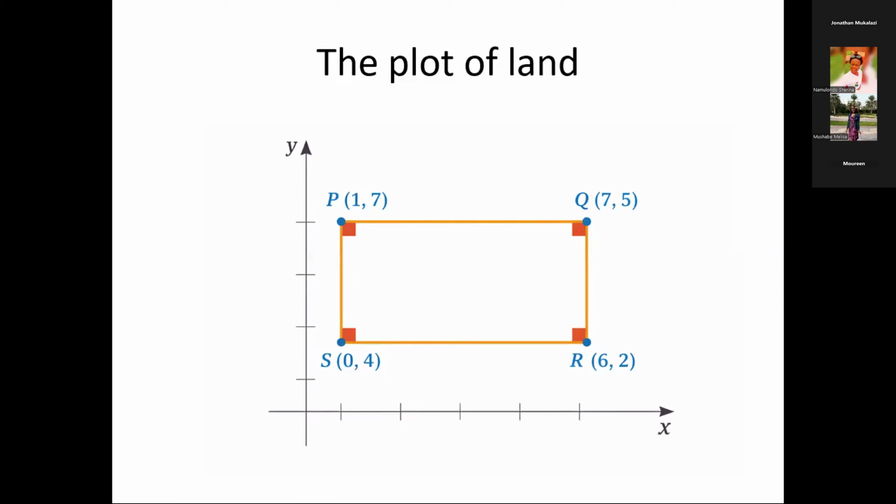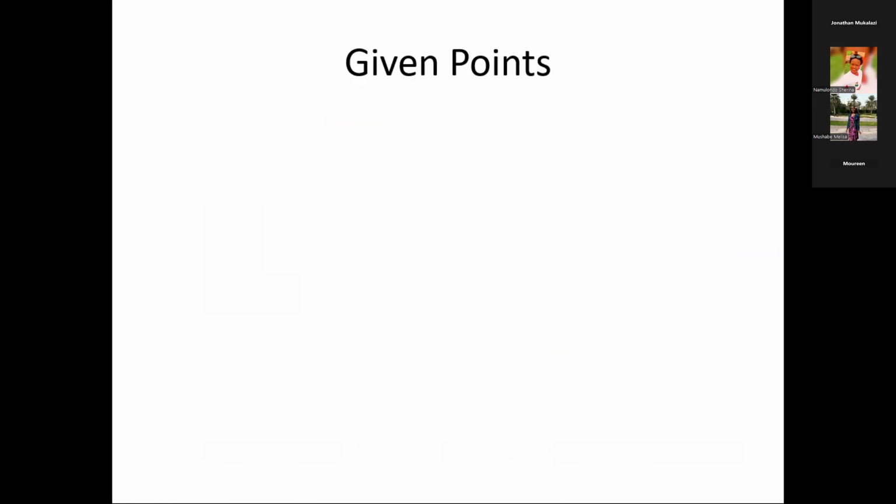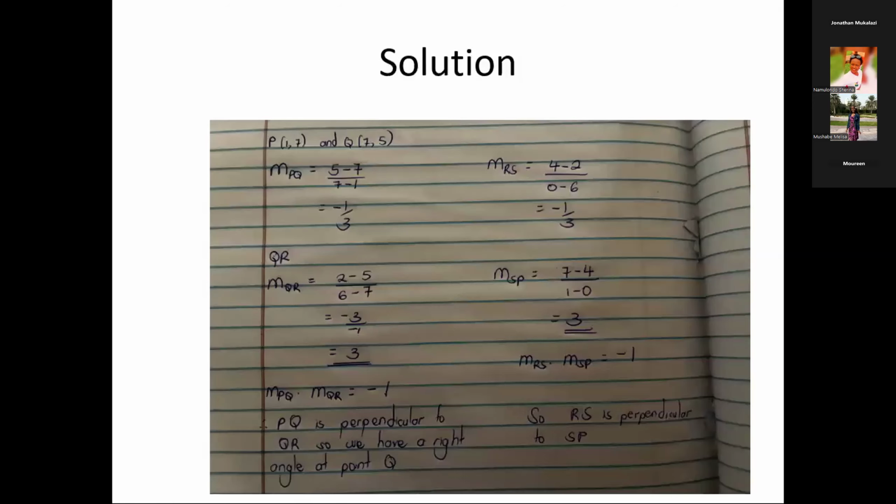Also, realizing from the slope of PQ, -1/3, and the slope of QR, which was 3, multiplying these two gradients gives us -1. So that means PQ and QR are perpendicular.